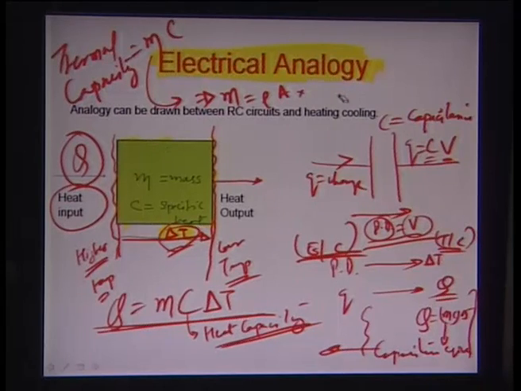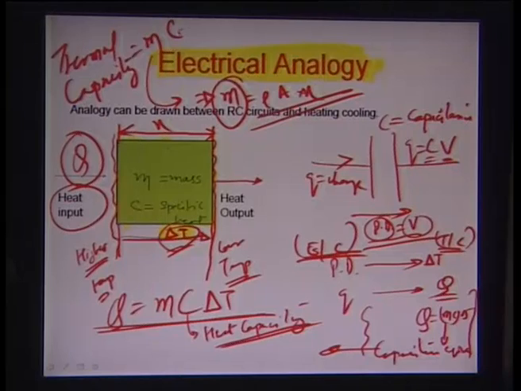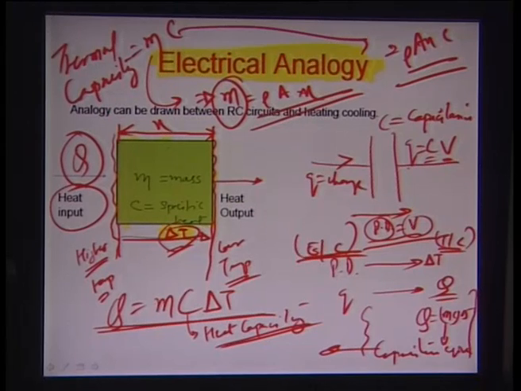The area times the length here, and assuming that this length here is about x, so it's area times x, that is what the mass is, and so thermal capacity here should be represented as rho A x times C. That is how you can represent the thermal capacitance.